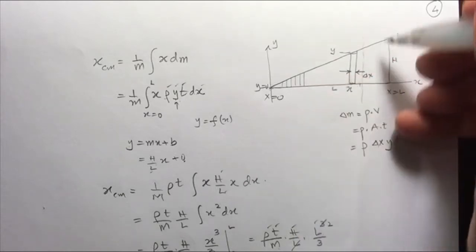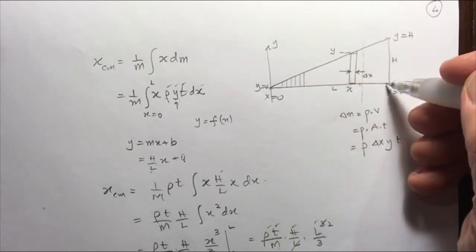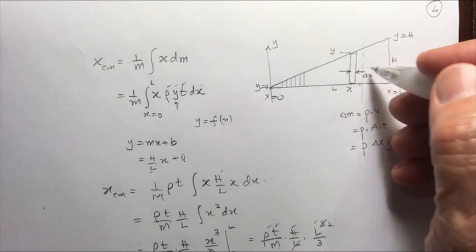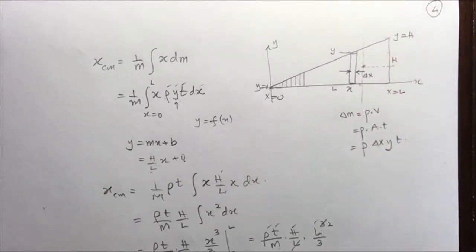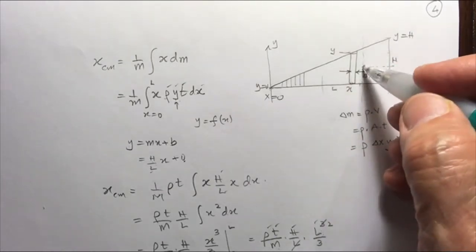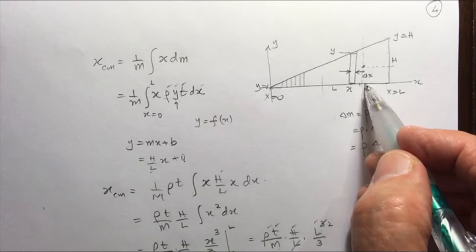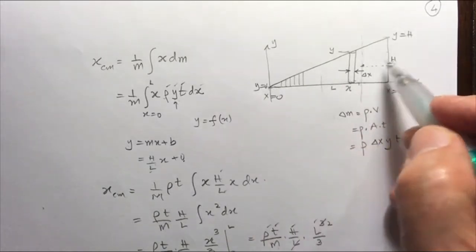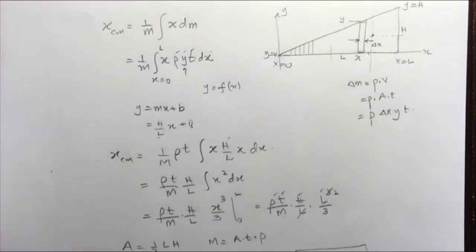And because it's a right triangle in the other direction also, it's 1/3. Divide that in 3 parts, so it's 1/3 from here. That's where the center of mass is going to be. The 3 parts are not so equal, but it's going to be 1/3 from here and 1/3 from here, or 2/3 from here and 2/3 from here. That's the center of mass.